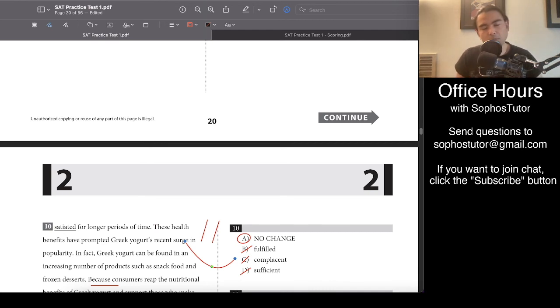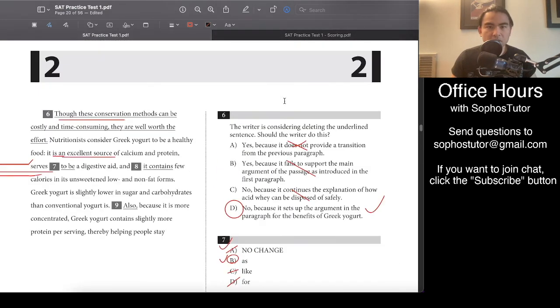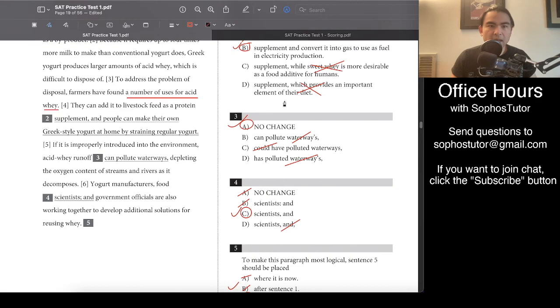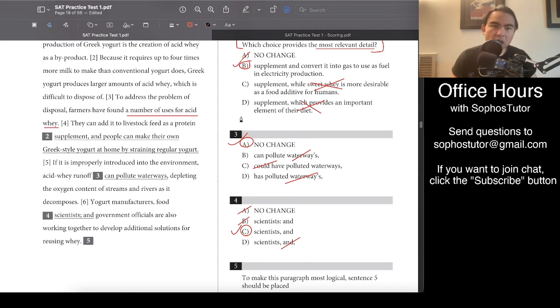It's the writing style questions where you really need to be adept on the idea of a sentence building off of a previous sentence. So you saw how we tackled questions like number 5, considering how one sentence builds off of another and how the next sentence builds off of the sentence that we are inserting.